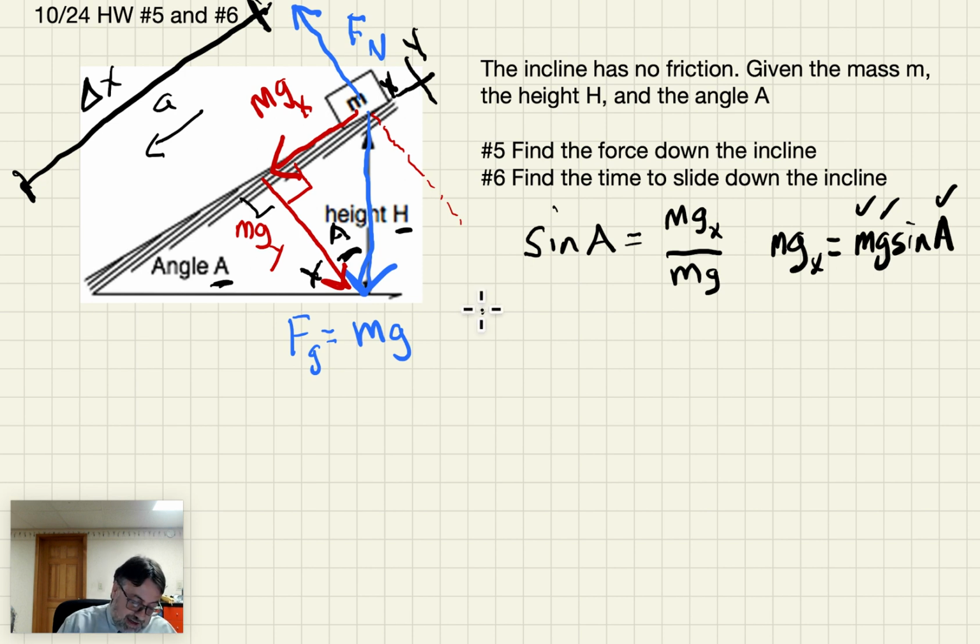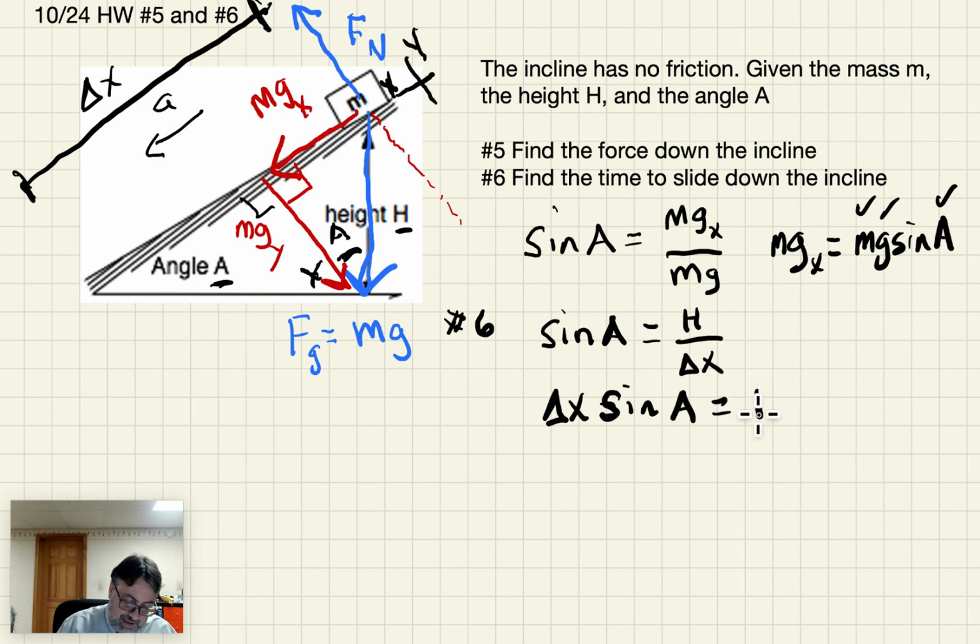So for number 6, I have a couple of steps to do. I note that sine of that angle A must be equal to the height divided by my hypotenuse, which is delta x. That means that delta x times sine of the angle is going to be equal to height.